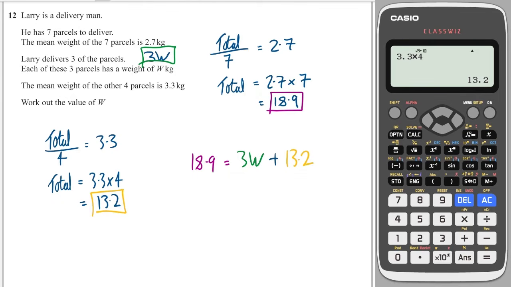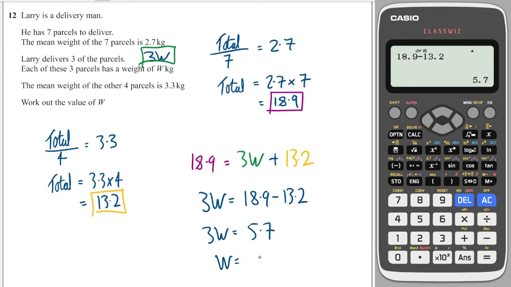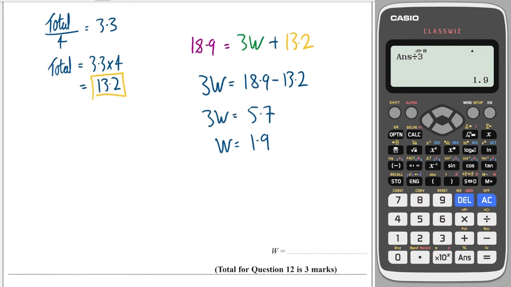So we can solve this equation to get that 3w is equal to 18.9 minus 13.2. So 18.9 minus 13.2, which is 5.7. So 3w is 5.7. Dividing through by 3 gives me 1.9.